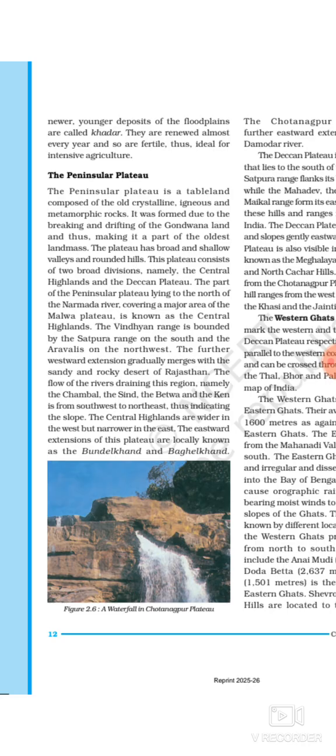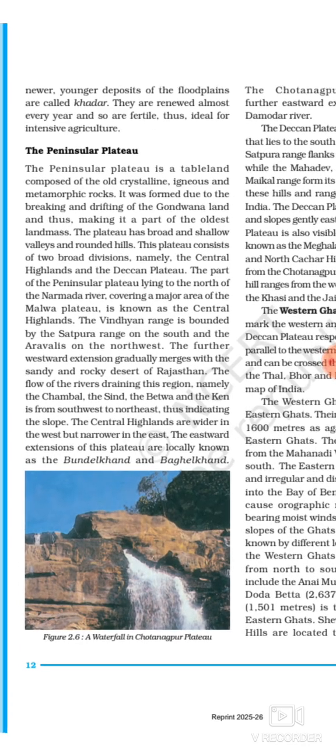The part of the Peninsular Plateau lying to the north of the Narmada River, covering a major area of the Malwa Plateau, is known as the Central Highland. The Vindhyachal range is bounded by the Satpura range on the south and the Aravalli on the northwest. The further westward extension gradually merges with the sandy and rocky desert of Rajasthan.